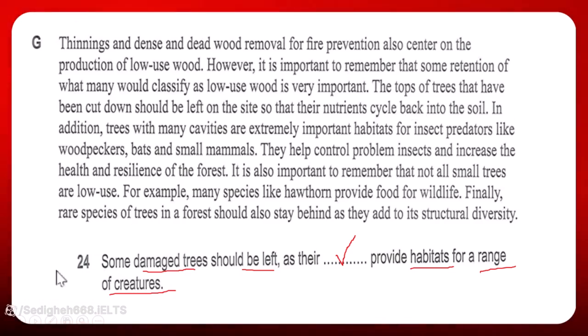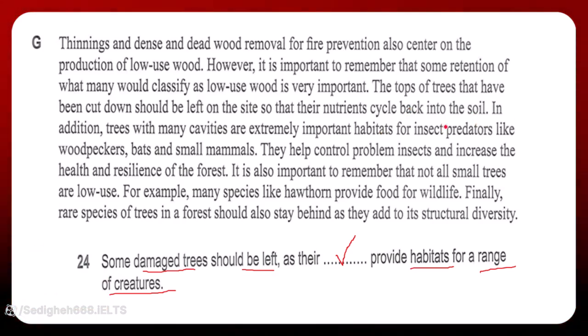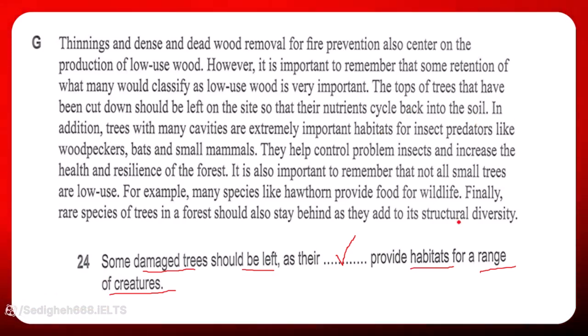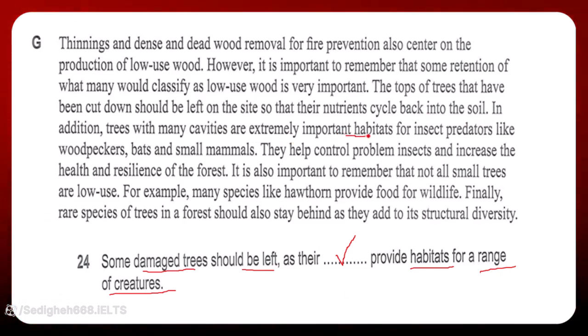So we can find the answer to this question. Let's look at this part. It is here. In addition, trees with many cavities are extremely important habitats for insect predators like woodpeckers, bats, and small mammals.